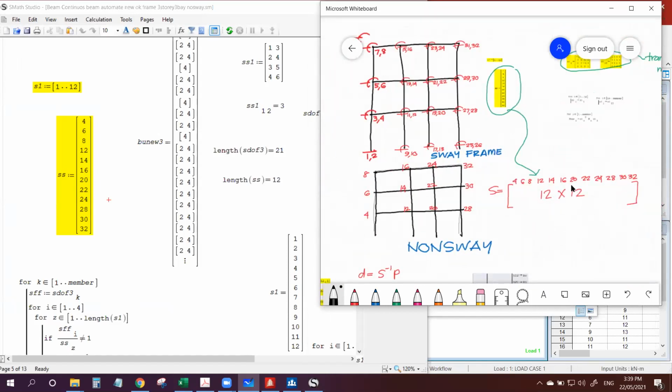Okay, so that is consistent. 4, 6, 8, 12, 14, 16, 20, 22, 24, 28, 30, 32.